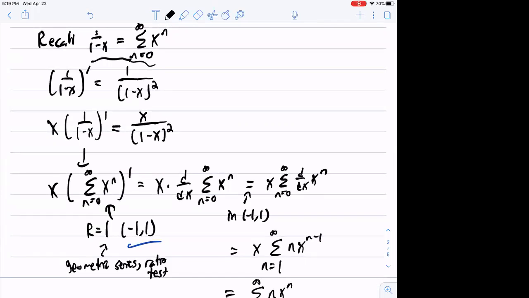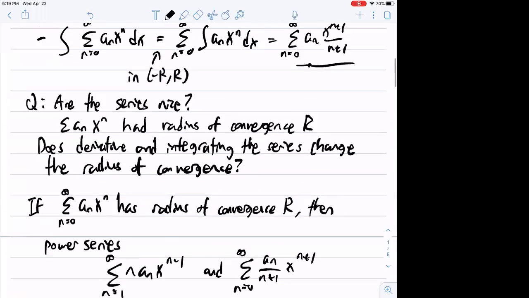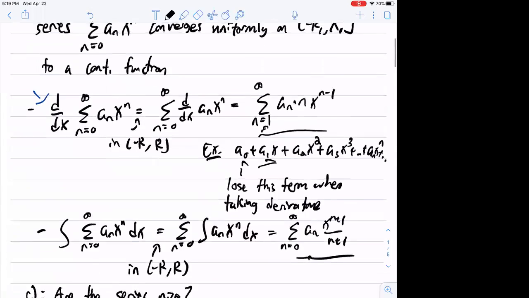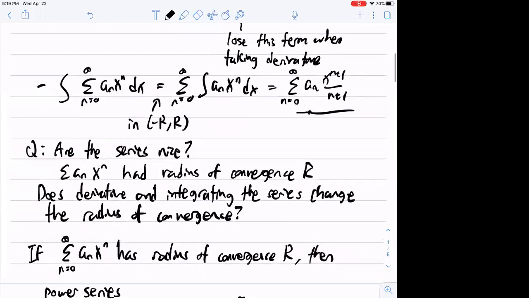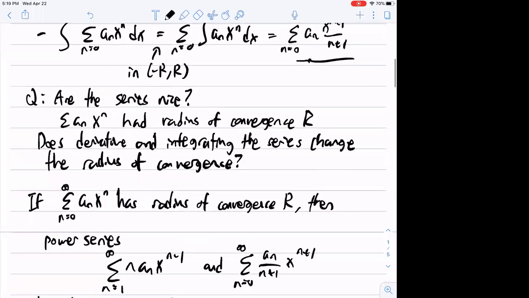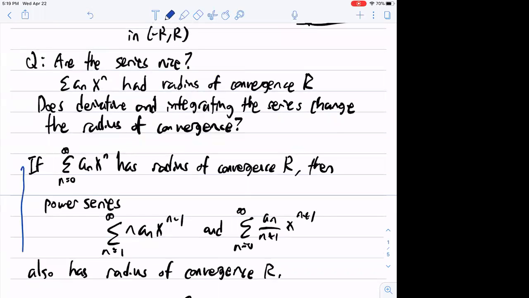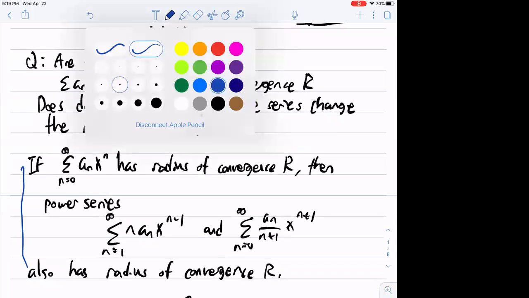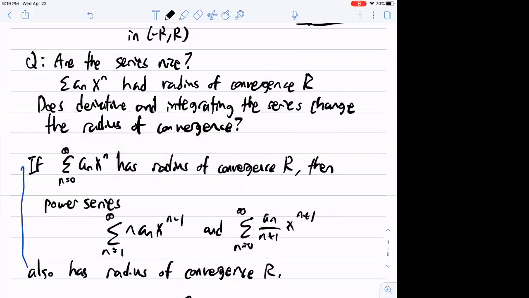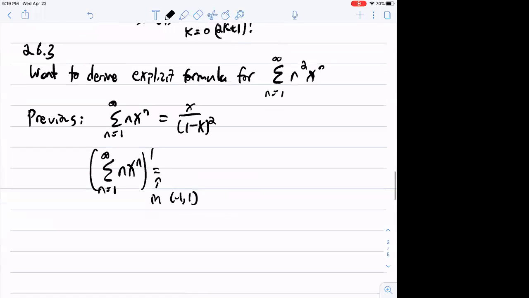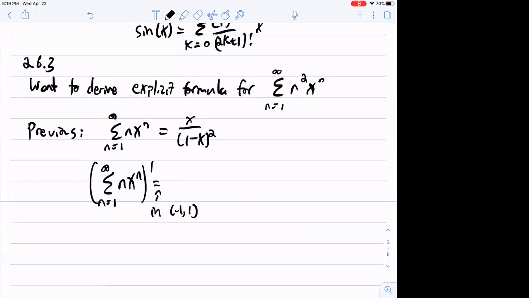And the theorem that I just stated says that these have the same radius of convergence. So when I take the derivative, the radius of convergence doesn't change. If the original had radius of convergence 1, the derivative also has it. And here I get n equals 1 to infinity.